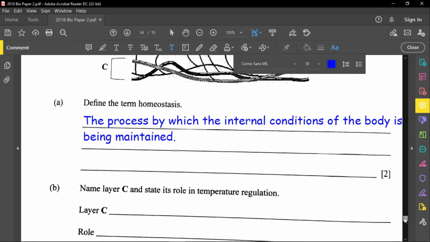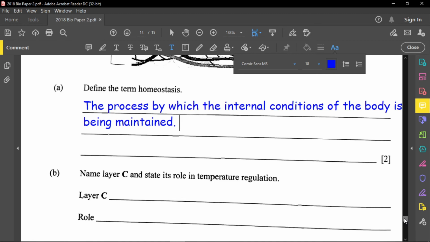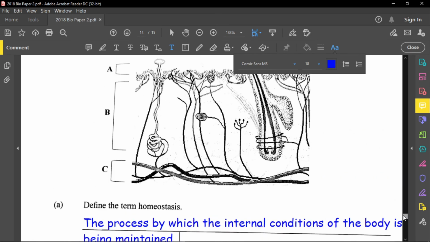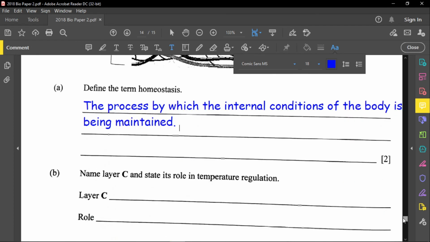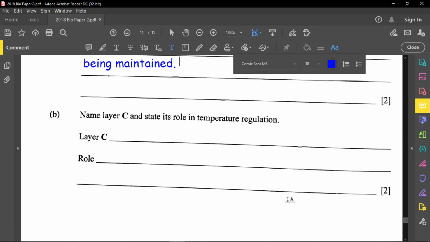All right, so part B says name layer C and state its role in temperature regulation. Part B asks us to name that. That's the lowest part of the skin. The lowest part of the skin is called the subcutaneous layer. The subcutaneous layer also has different names.